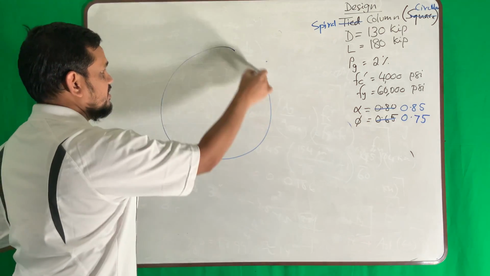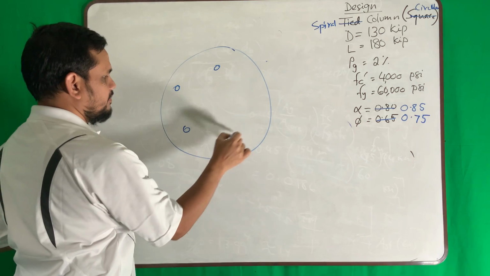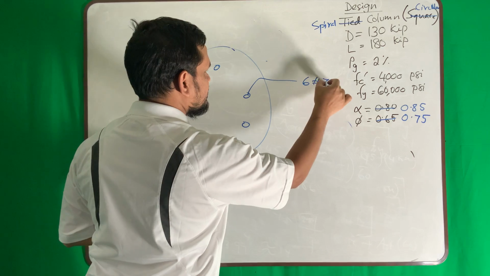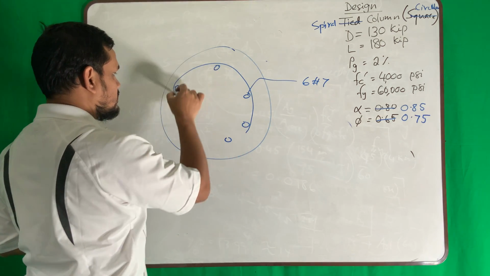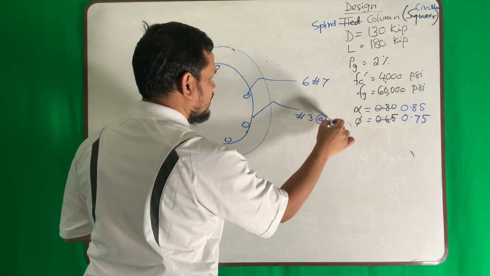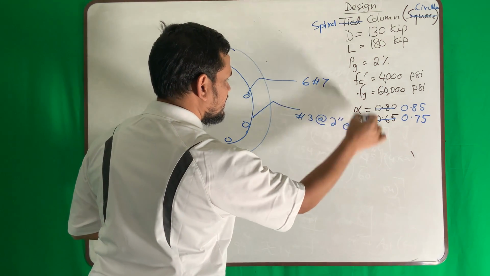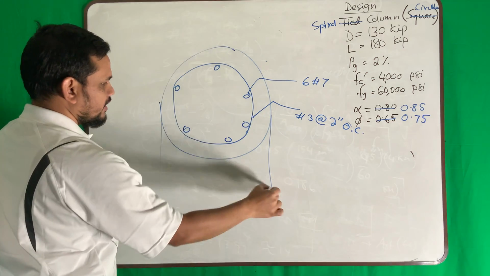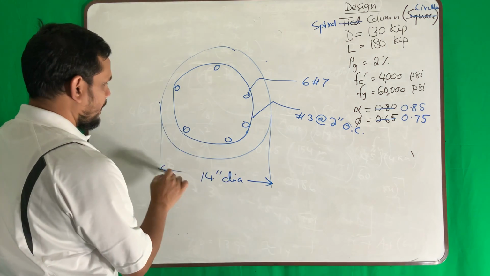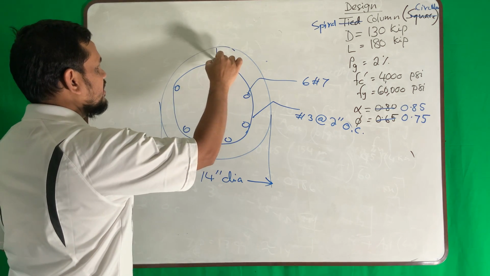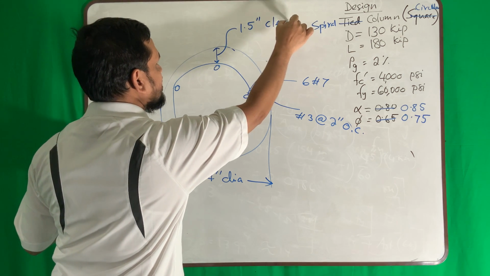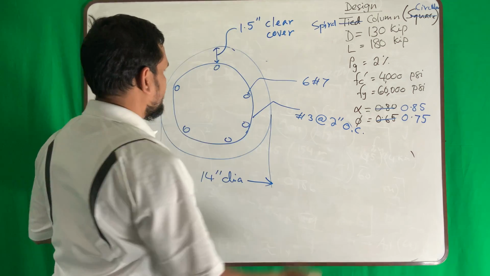Detailing. So take a big picture. Right here, 6 number 7 bars. Right here, number 3 at the rate of 2 inch center to center, and show that it is 14 inch diameter, and show somewhere here to here 1.5 inch clear cover.